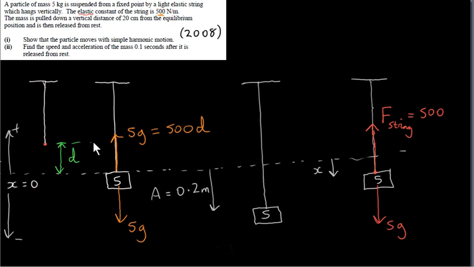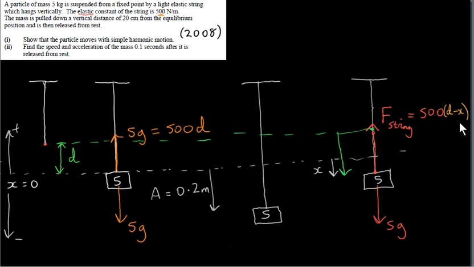So the string was initially this position, so the extension is this distance here. It's quite easy to work out the extension when the mass is below the equilibrium position. The extension is d plus x. Although I'm making x negative here, so I should really say d minus x, just to be careful. Signs can be very tricky.